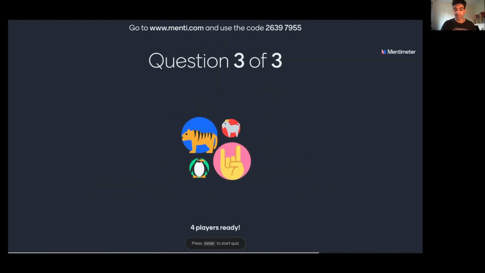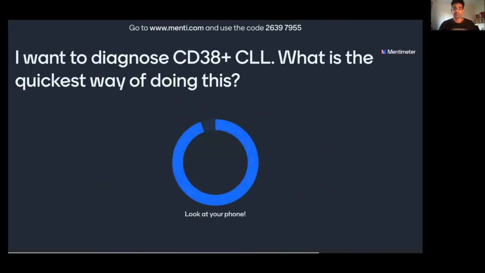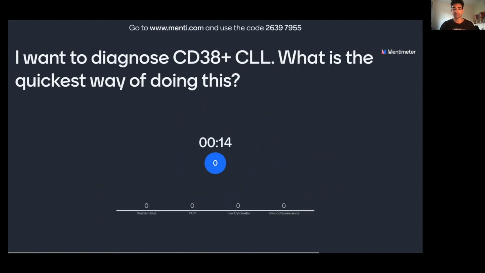And last question of the day. So by CLL, I mean chronic lymphocytic leukemia. And CD38 is a surface molecule, which is present on cells in chronic lymphoid leukemia.